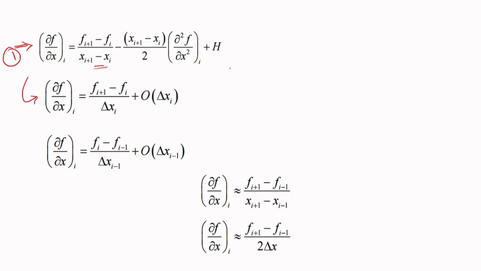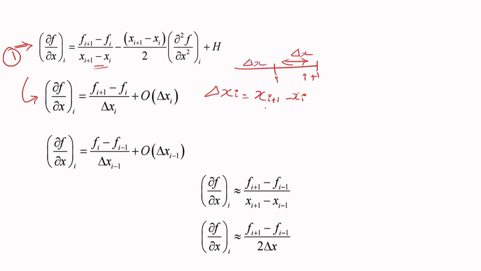This we can rewrite as this. We are taking here delta xi for a uniform grid. We can take x i plus 1 minus xi, the distance between the point i and i plus 1, as delta x uniform. If the mesh is uniform, all the distances will be delta x.